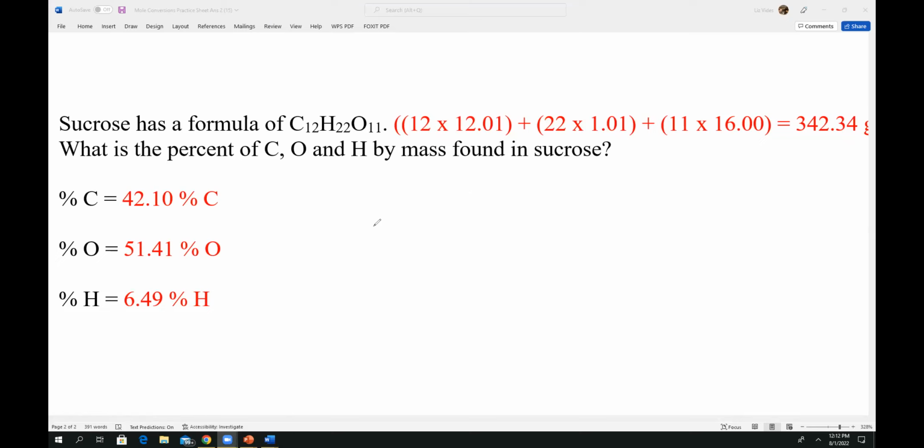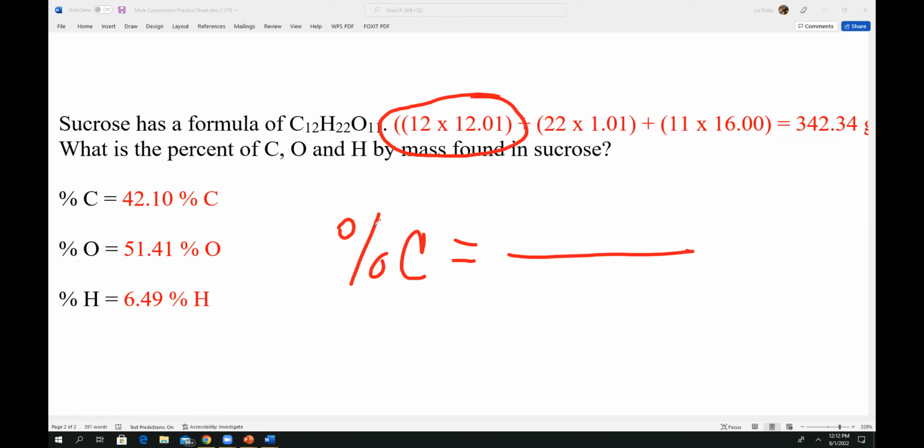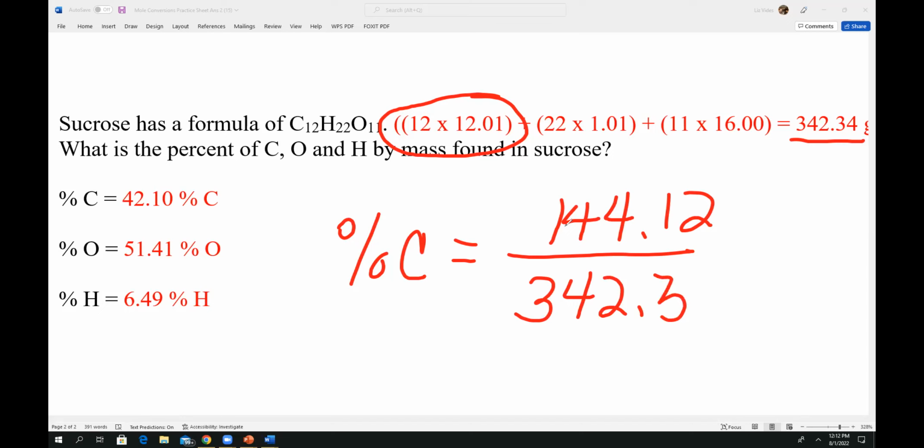So each time that you're doing a percentage, right? So like percent carbon is going to be equal to this number right here, multiply it. So 12 times 12.01 is going to be 144.12. So that goes right here, 144.12 divided by the total number, which is 342.34, times 100.